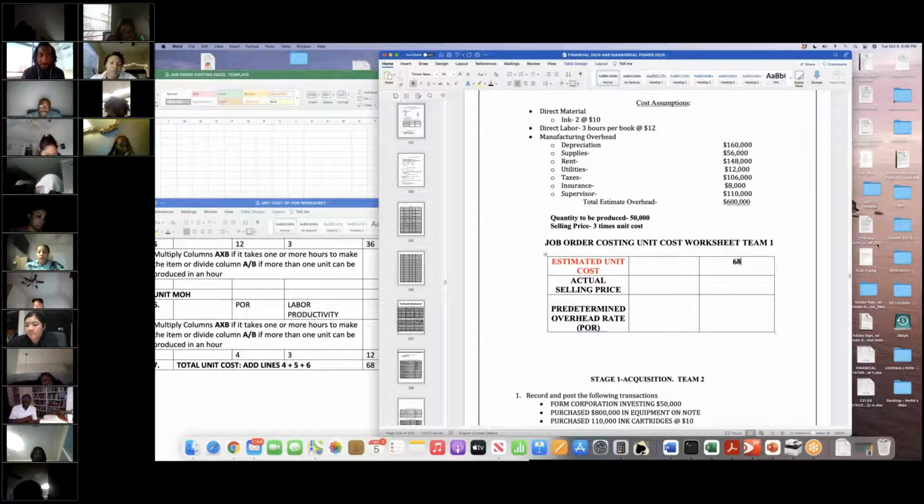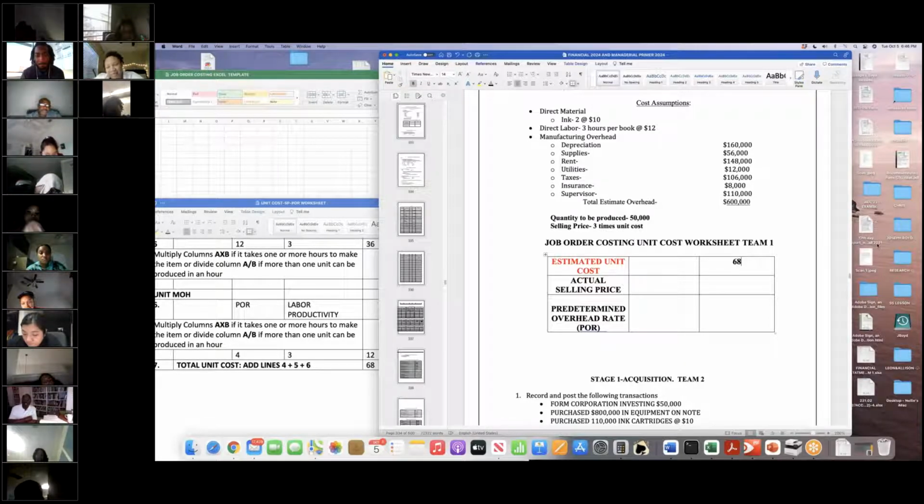Okay. All right, my former students, how do we say we buy inventory? What's the standard entry for an inventory purchase? Accounts payable. We credit accounts payable. We don't give the cash to the delivery driver when he's brought us 110,000 ink cartridges.